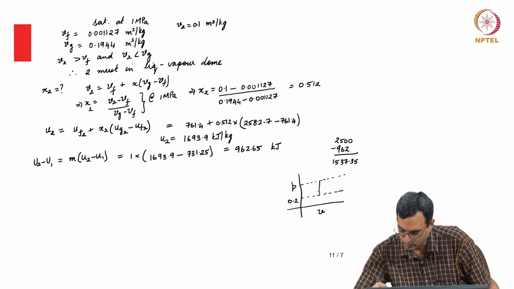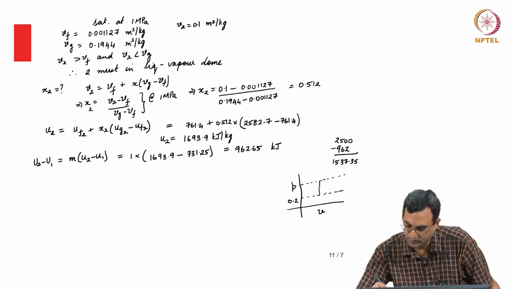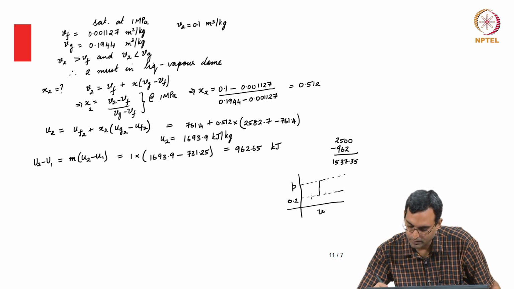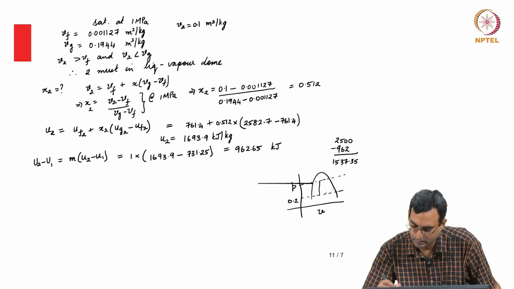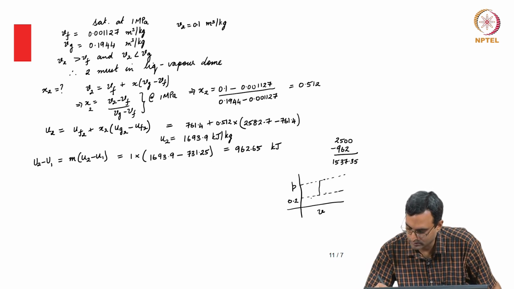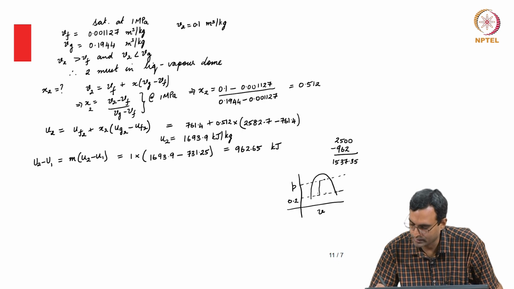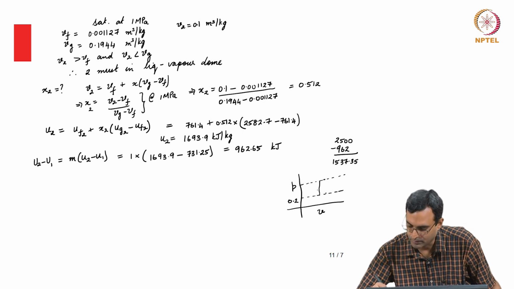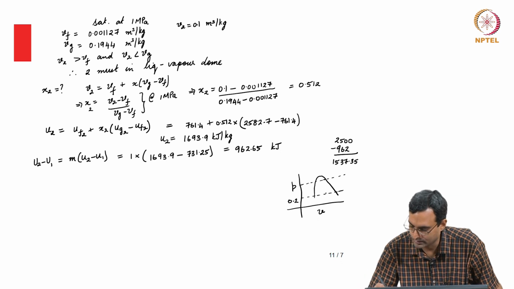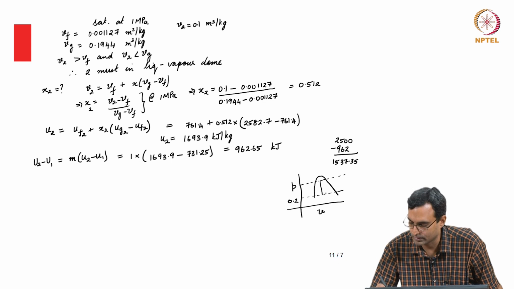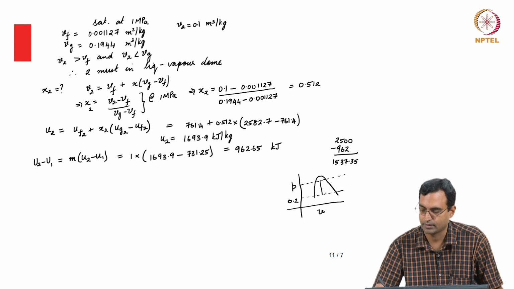I am not able to draw the dome very correctly yet to reflect these two values, but what we see is that over here, so this must be something like this. So, over here the dryness fraction was smaller, over here the dryness fraction is larger.